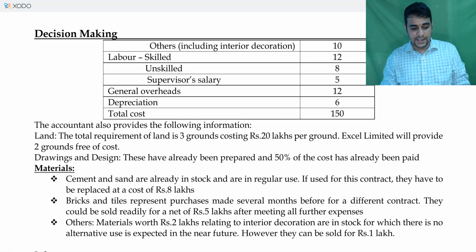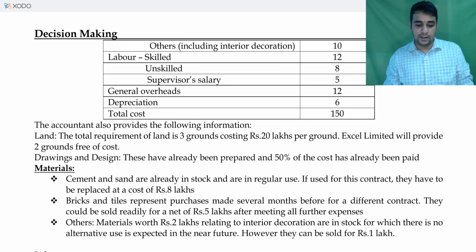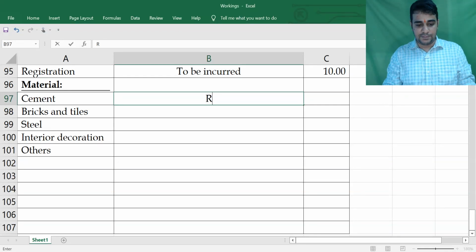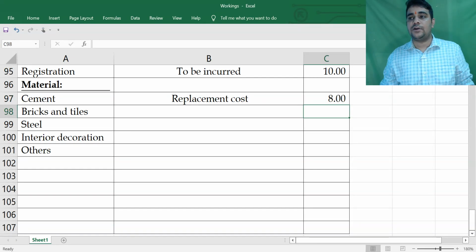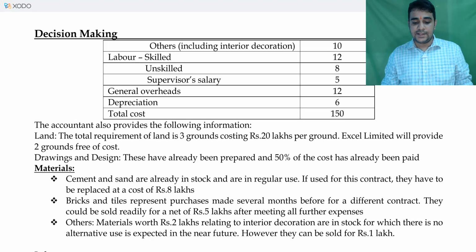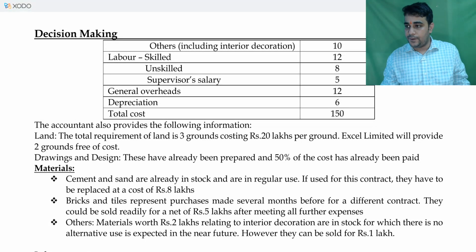Okay. Cement, what is the relevant cost? It is in regular use, so you will have to replace it at a cost of 8 lakhs. So, replacement cost, 8 lakhs. Bricks and tiles represent purchases made several months ago for a different contract.